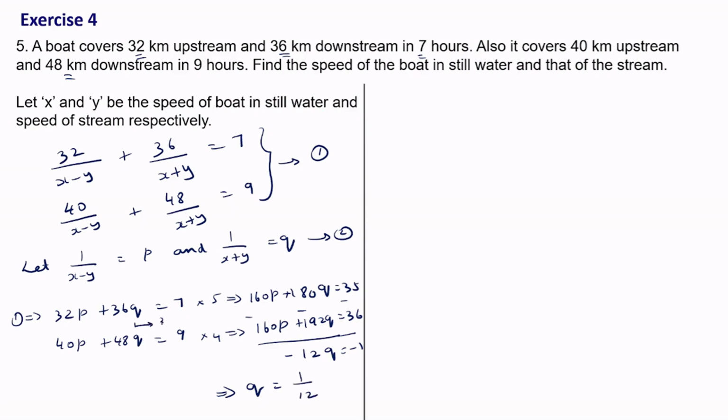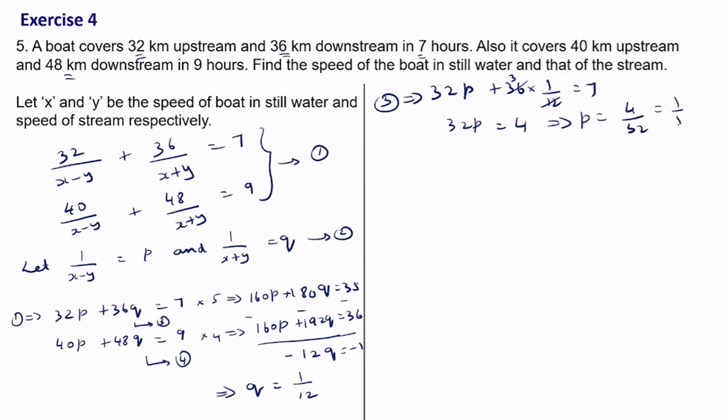So let us take this as 3 and this as 4. So from 3, if we substitute q as 1 by 12, we can find p. 32p plus 36 into 1 by 12 equal to 7. So 32p equal to 4 or p is 4 by 32 which is 1 by 8. So we got p as 1 by 8 and q as 1 by 12. Now these values of p and q we can substitute in 2.